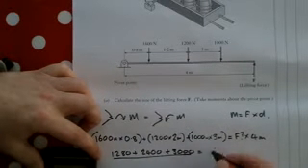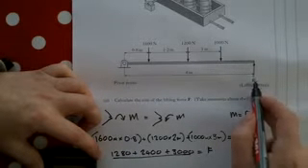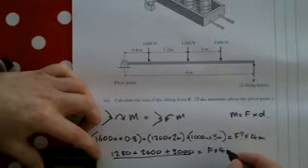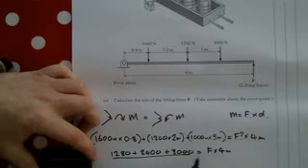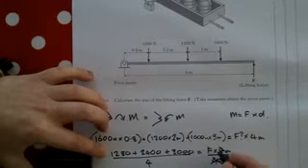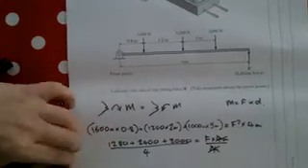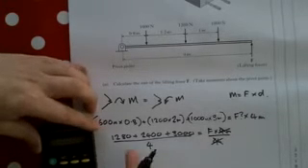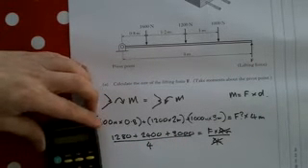And that is equal to the force unknown times 4 meters. Now, to transpose the formula to get F on its own, we need to divide both sides by 4. These two cancel each other out, so we're left with F on its own. So let's just add these three together and divide it by 4.